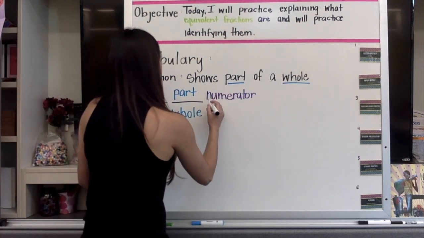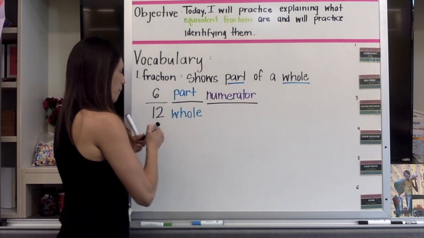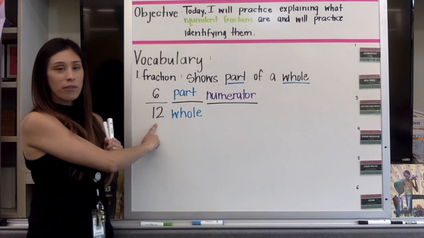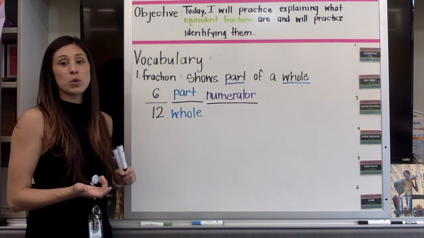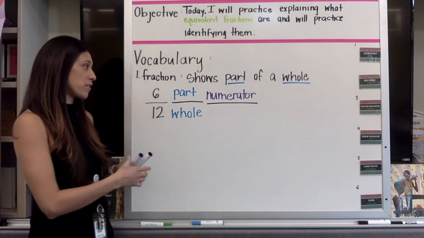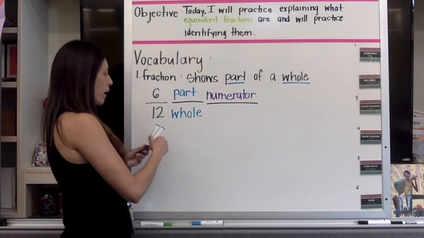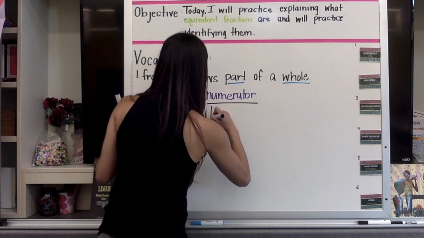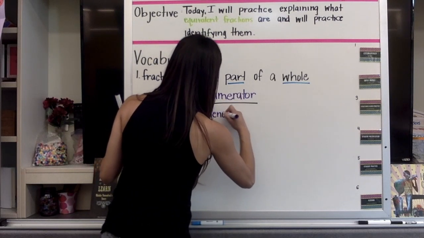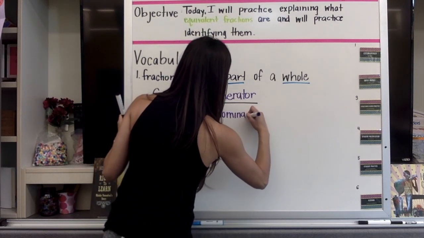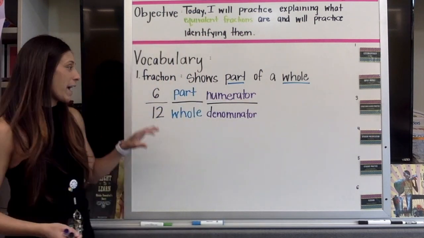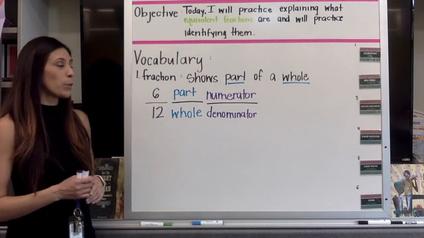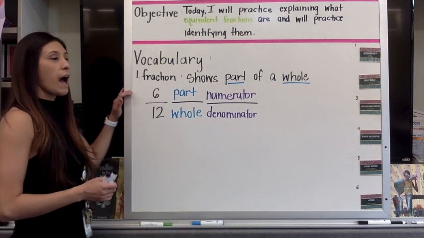And then I explained that the bottom number, in this case 12, which is the whole, and in this case there were 12 pieces in the whole package of candy, is actually called a denominator. Everybody say denominator. Great job. Okay, so vocabulary word 1, all right?